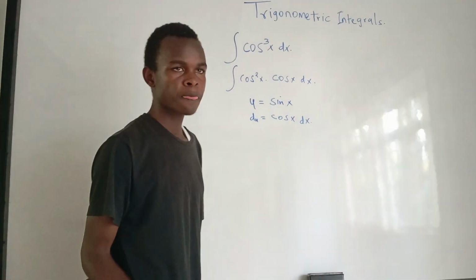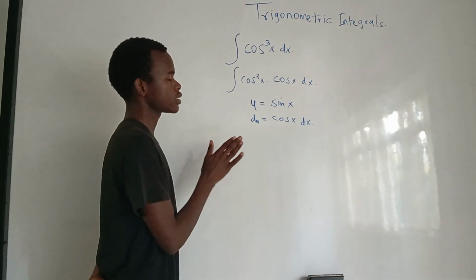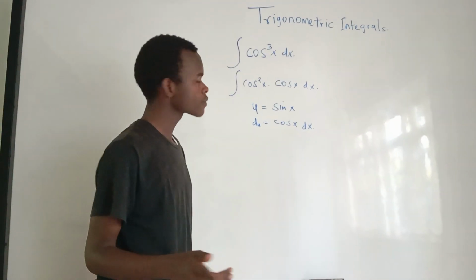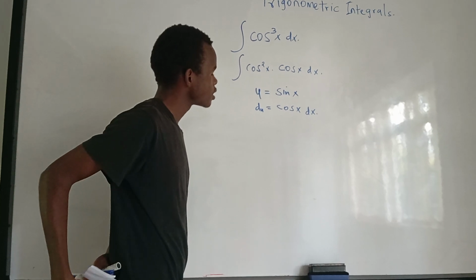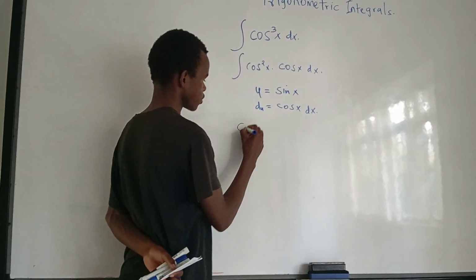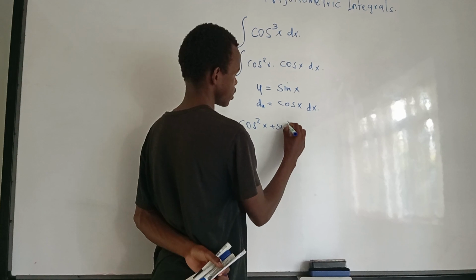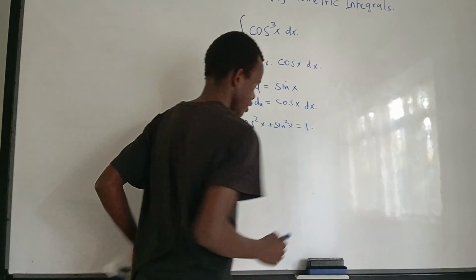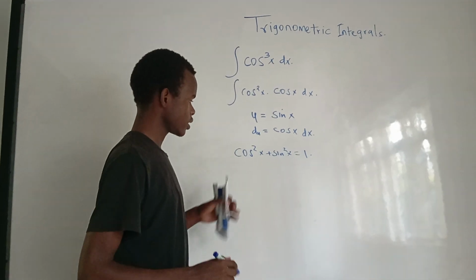I have created a formula showing all these examples. There's a Pythagorean identity: cos squared of x plus sine squared of x is the same as 1. We have created a video elaborating more on these formulas.